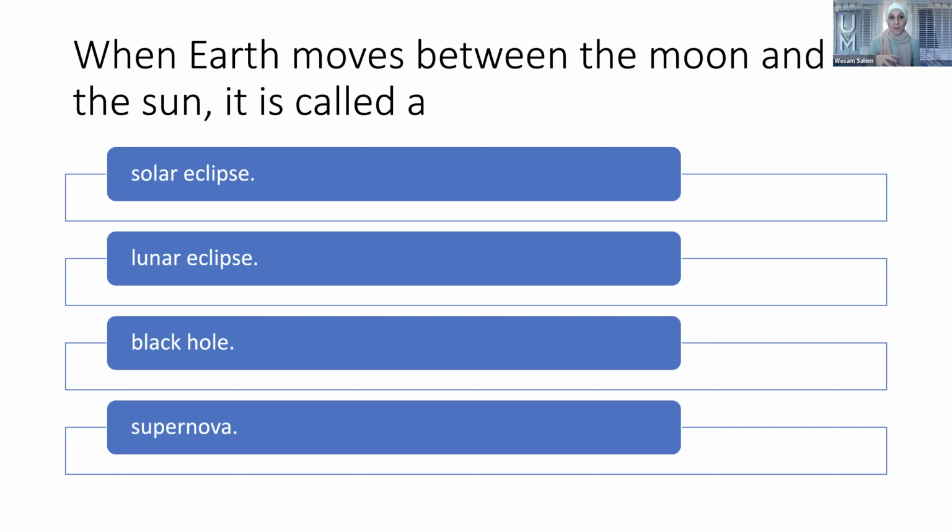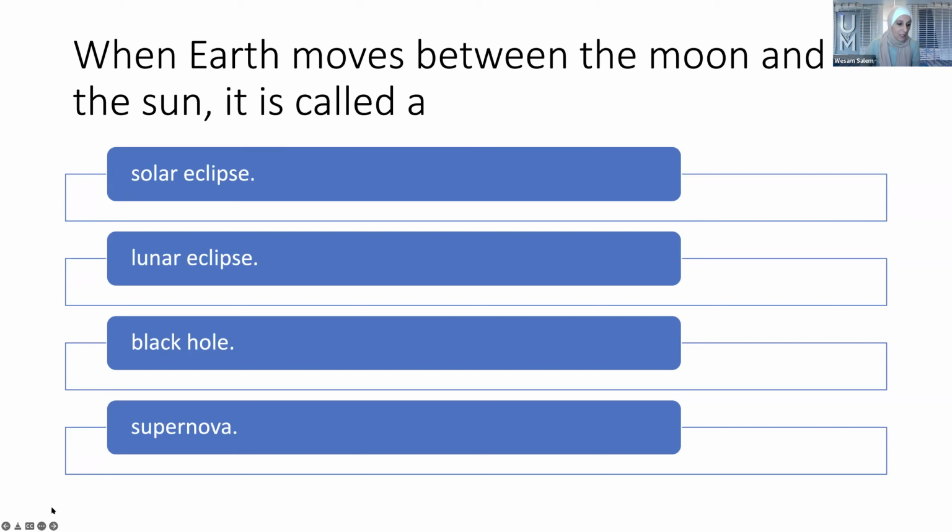It's like trying to get to the correct answer. But let's remember what we know. What is the solar eclipse? It's a phenomenon that happens which blocks the sun from Earth, in very simple terms. So something needs to be in the middle, right? So the moon should be in the middle. So definitely it is a solar eclipse. Now, what about the lunar eclipse?